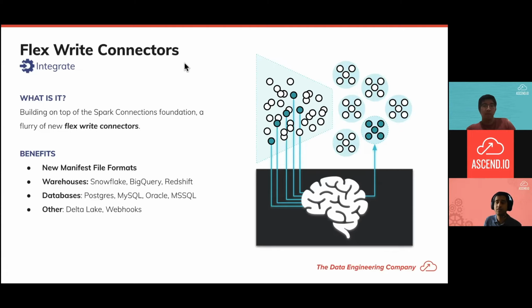Expanding those lists of databases. We support many of these today, but we know that a lot of times when you're working with big data, after you've gotten it aggregated or ready to be served, you might want to throw it into something like a Postgres so that you can serve your web traffic from it and get that low latency but highly aggregated data served off of that, as well as getting those into Delta Lake, sending them off as webhooks, writing them into queues, Kinesis streams. So please do take the poll.